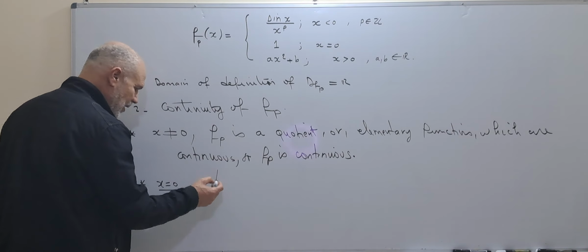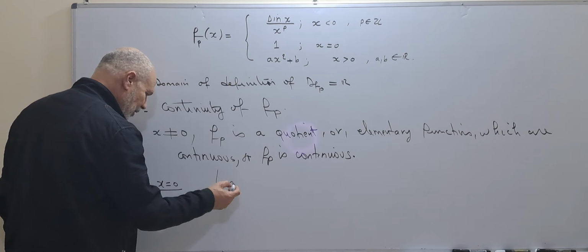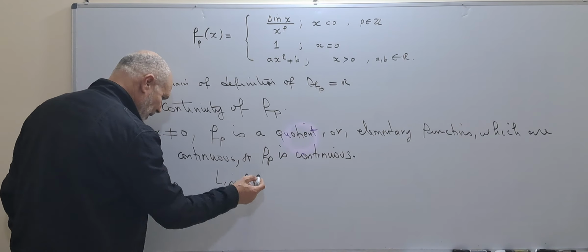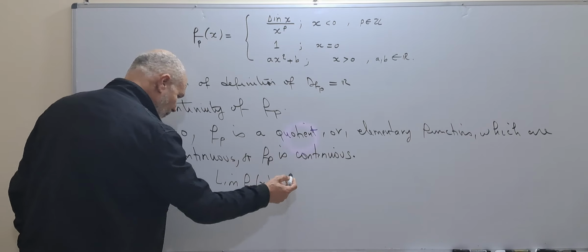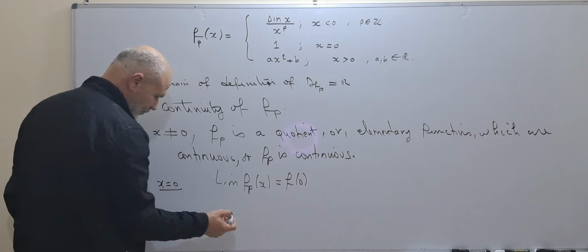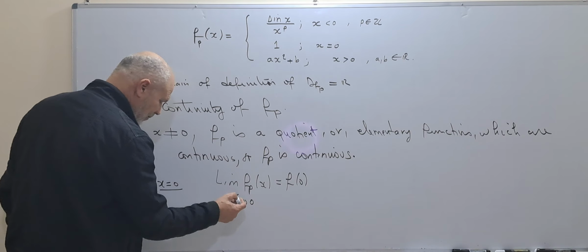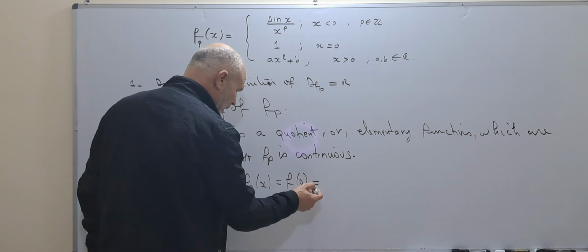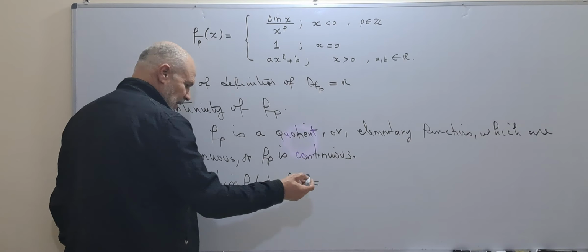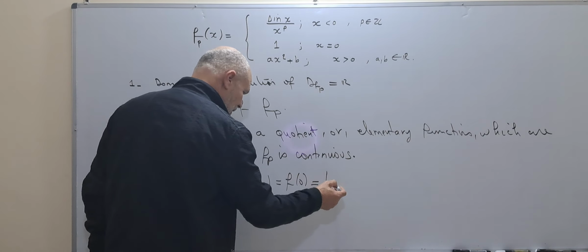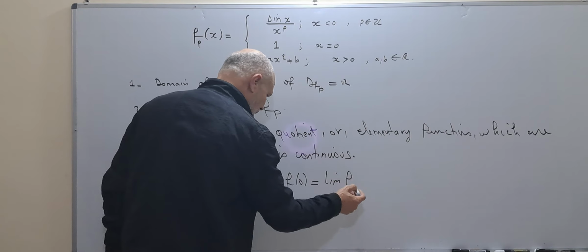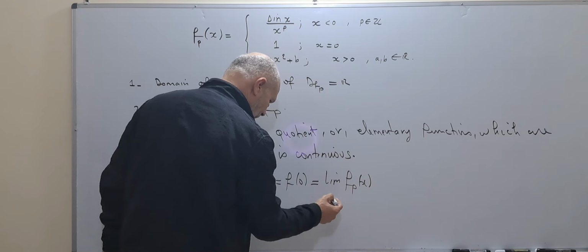The definition says that the function f is continuous at a point if the limit from the left is equal to the value of the function and at the same time equal to the limit from the right.